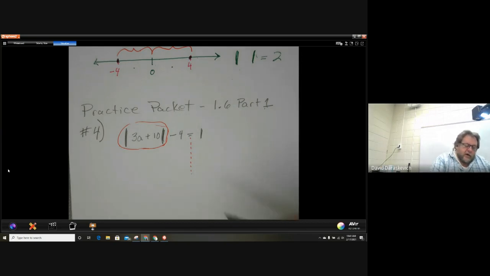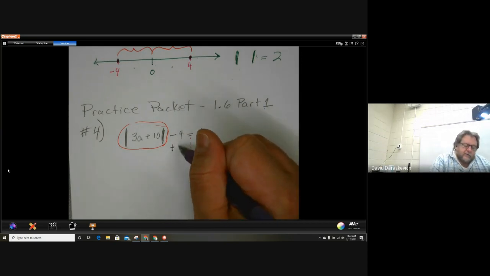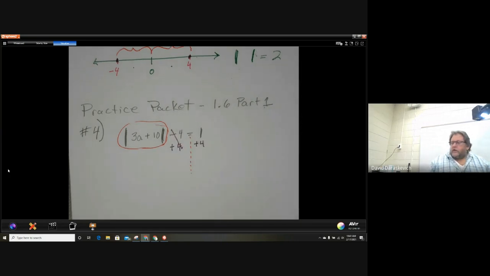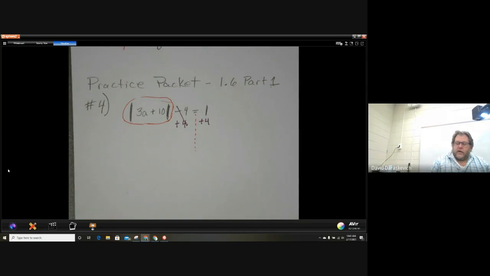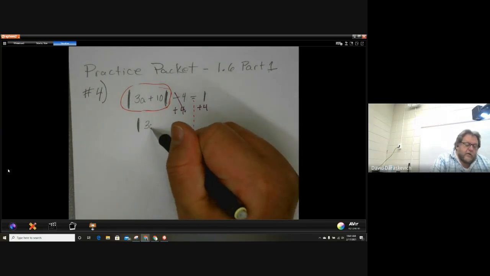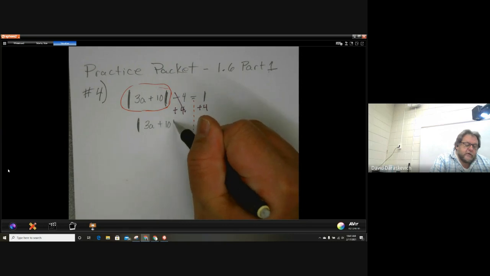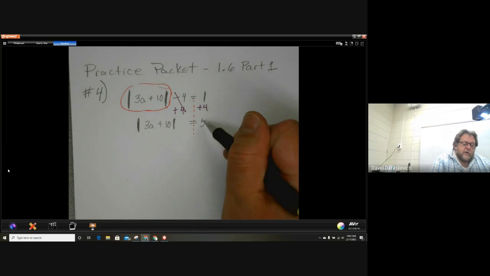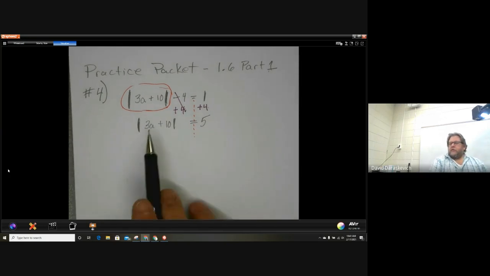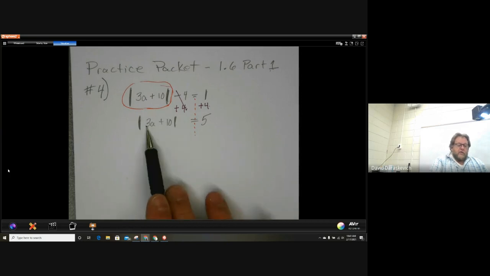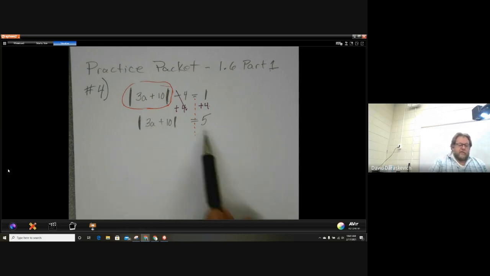So I'm going to undo -4. So I'm going to add 4 to both sides. And that gives me my absolute value of 3a plus 10 equals 1 plus 4 is 5. Once I have the term isolated, then I go ahead and start solving for a in this particular instance.